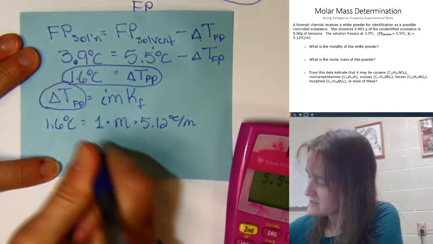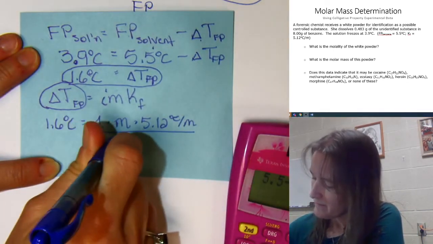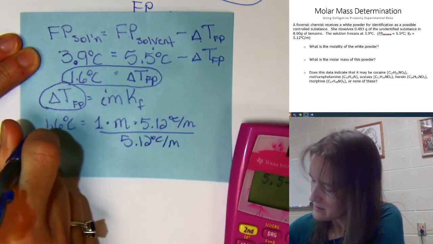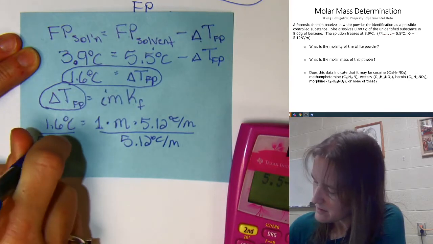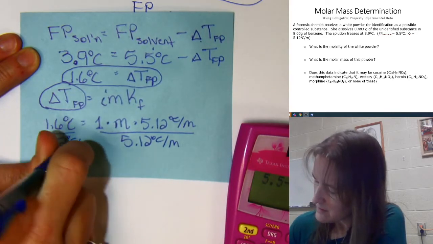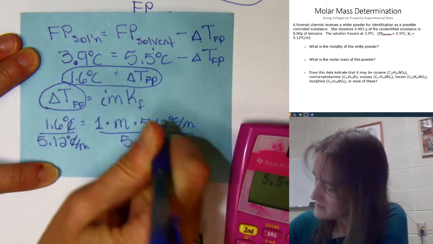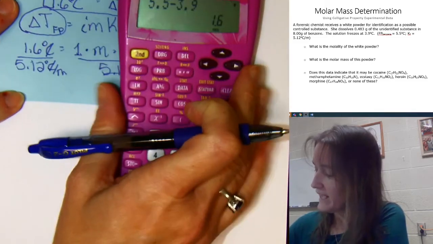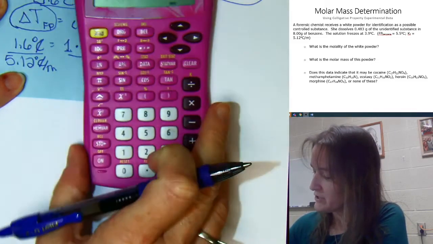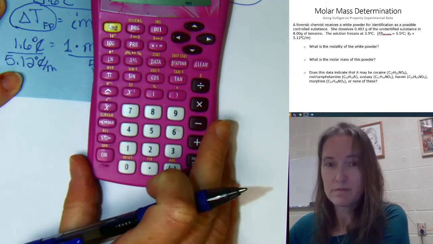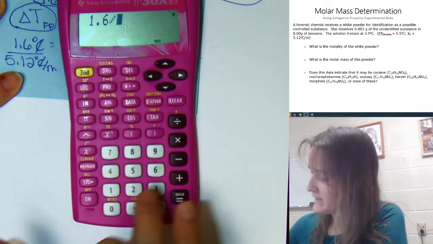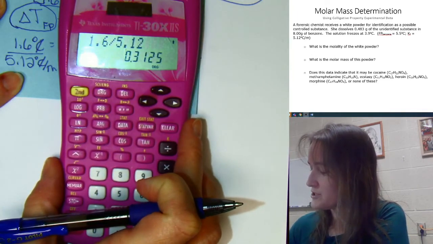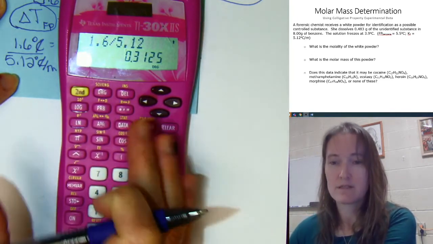So when we rearrange this, we're going to divide both sides by 5.12 degrees Celsius per molal. Degrees Celsius cancels, and we will end up with molality as our leftover unit. So we have 1.6 divided by 5.12 equals 0.3125. And I'm not going to round right now because this is not the final answer.